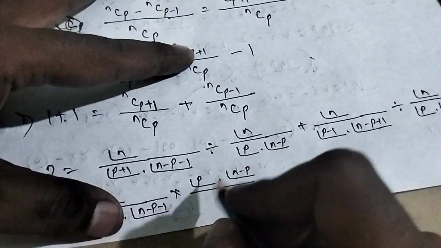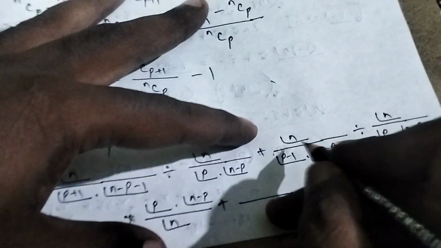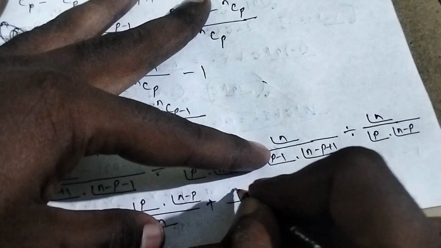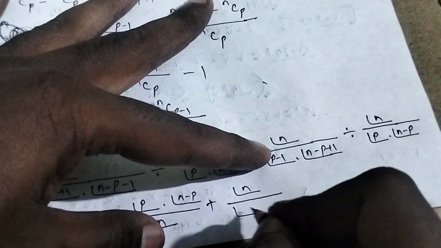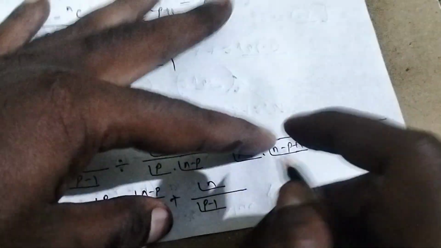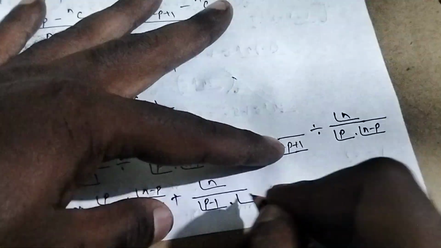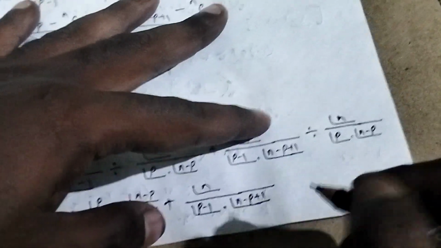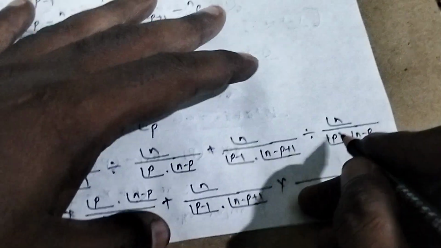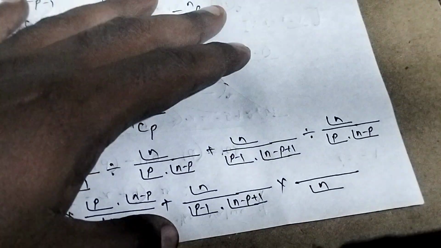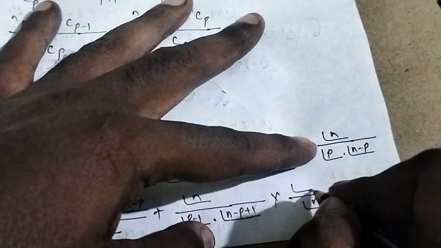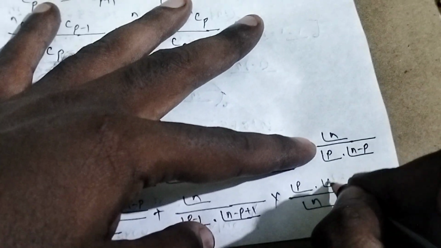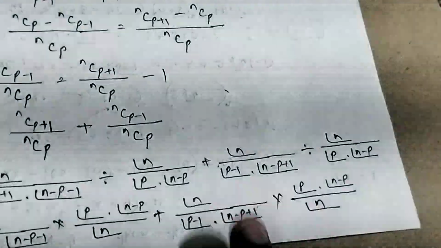This will go up and here it will come down, plus I will write this the same, n factorial by (p-1) factorial into (n-p+1) factorial, into this n factorial will come down, p factorial into (n-p) factorial.